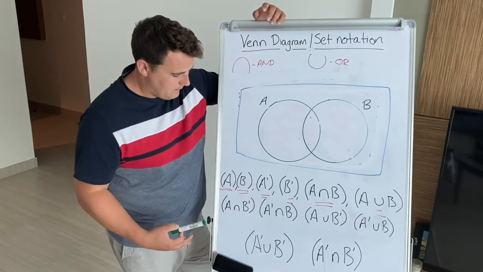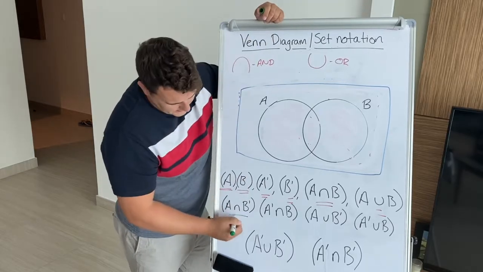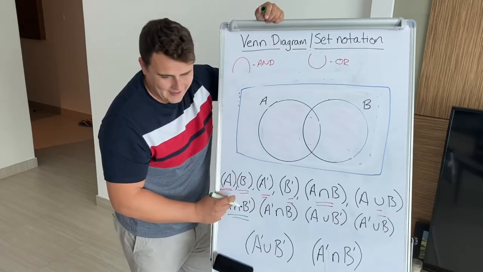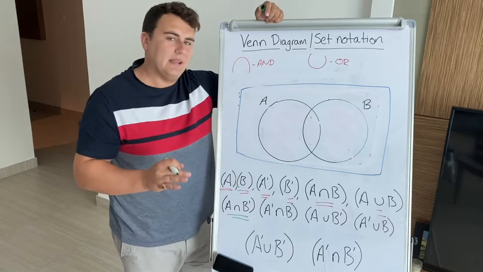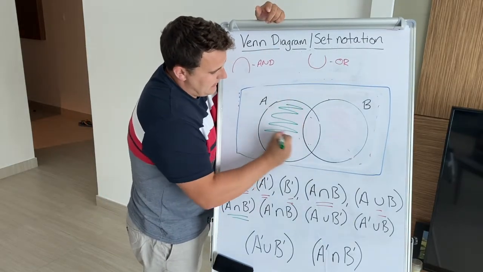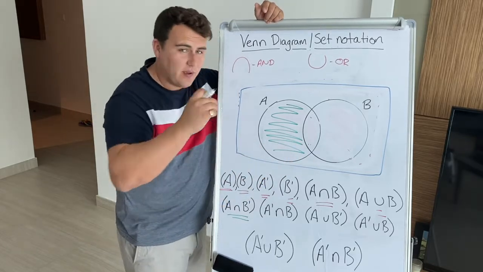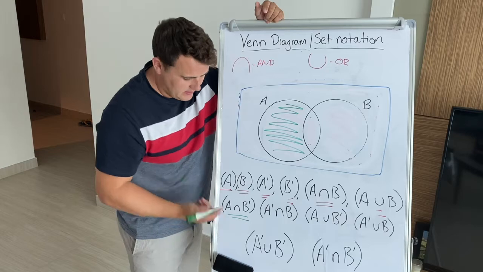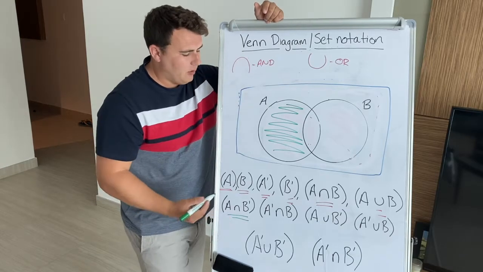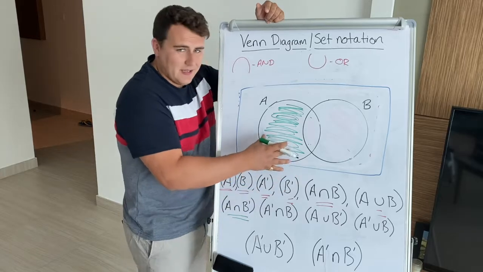So let's look at what this next one says. This says A and not B. So we want everything, it has to be in A and not B. So it's "and", so it has to meet both of these criteria. It has to be in A and not B. So actually, it's only this section.